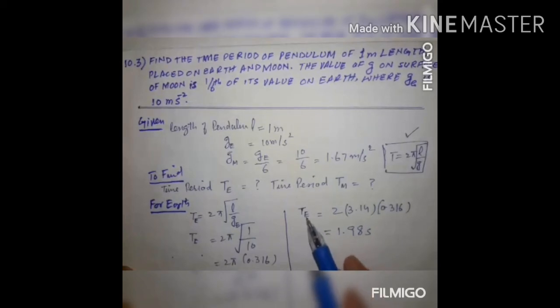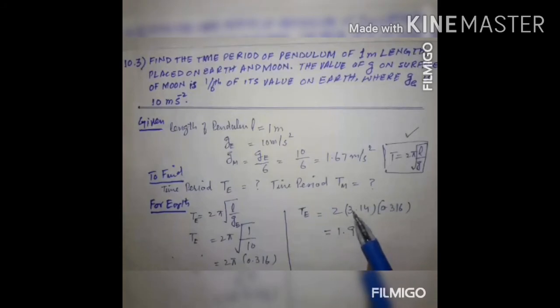So the time period on the surface of Earth will be 2 into the value of pi 3.14 into 0.316. We will get 1.98 seconds, which is the time period on the surface of Earth.